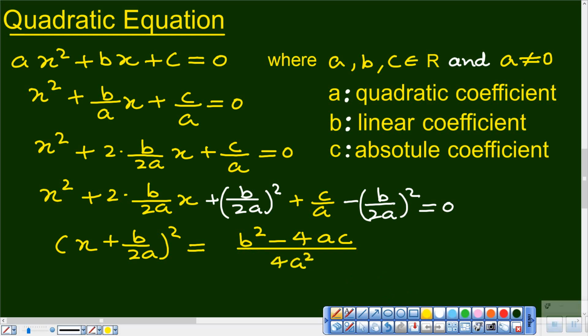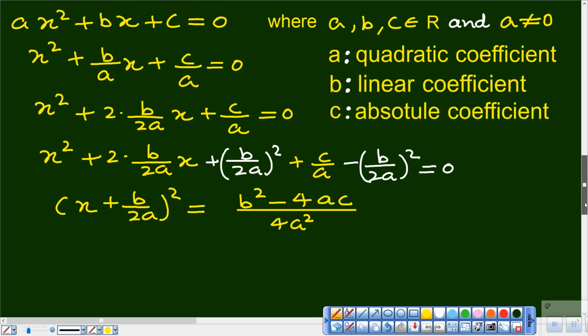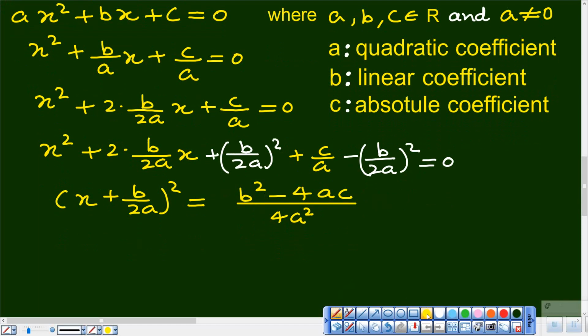I square root it and I get x plus b upon 2a is equal to plus minus square root b square minus 4ac upon 2a.